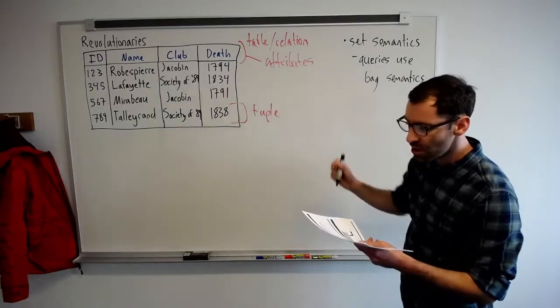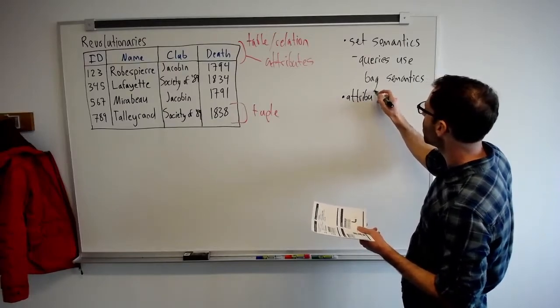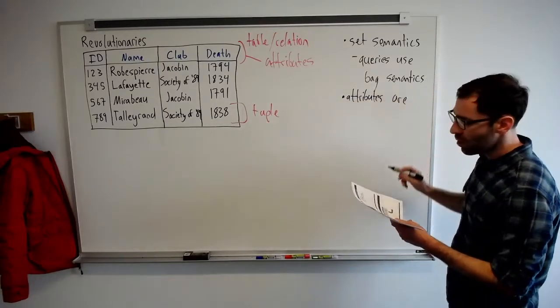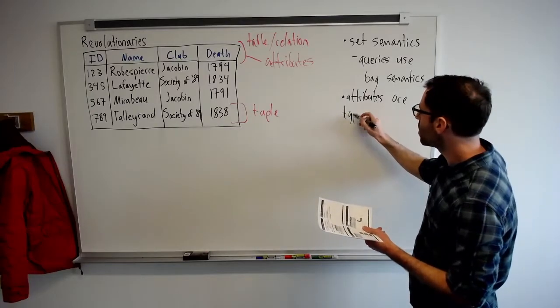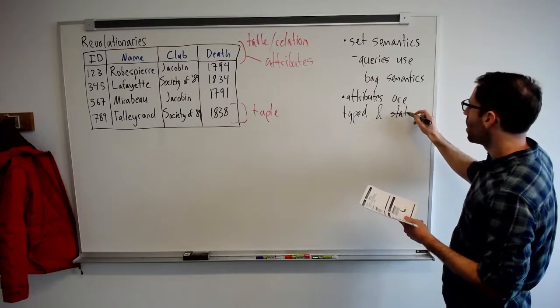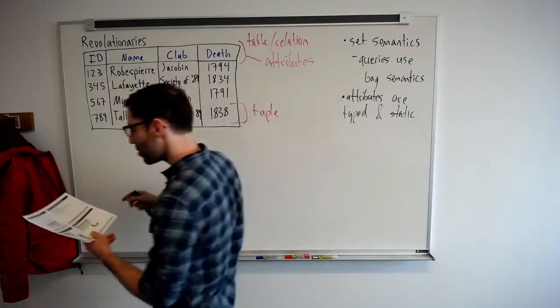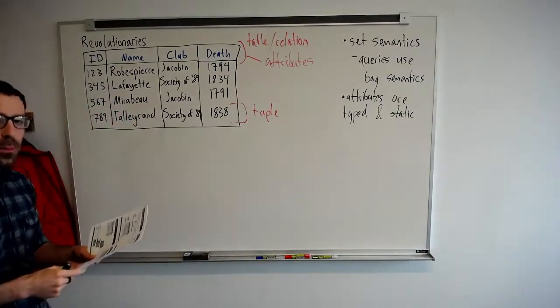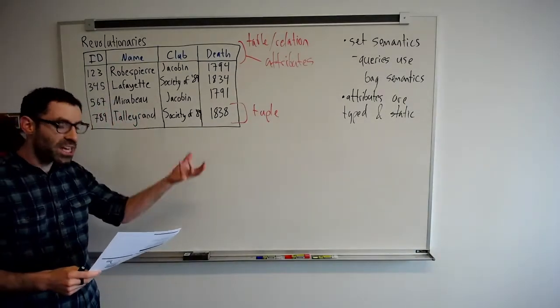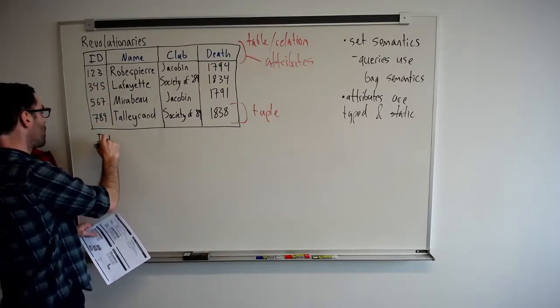The attributes in our table are typed and static. This means that each of our attributes has some kind of data type associated with it. So our ID, we might say, is an int.